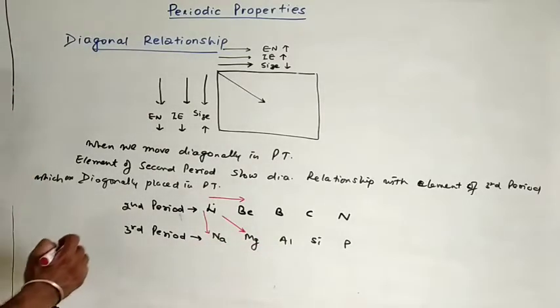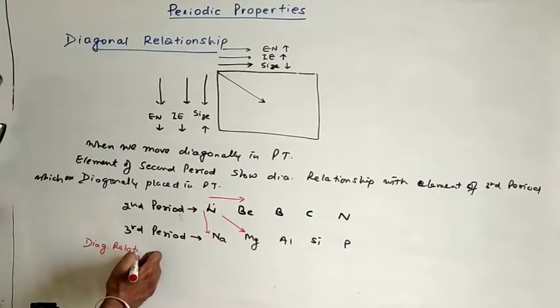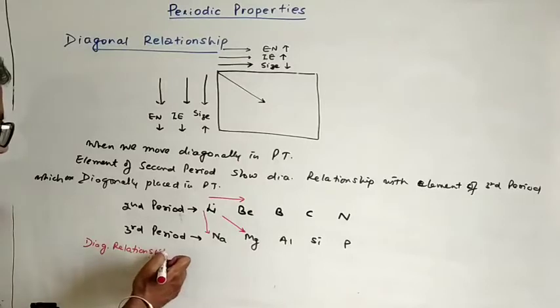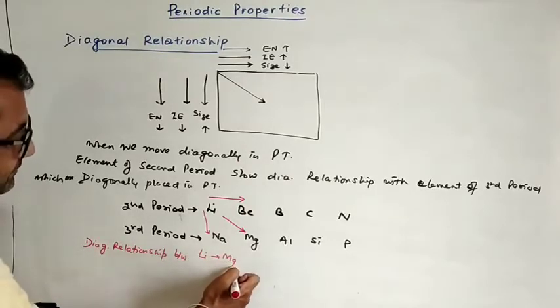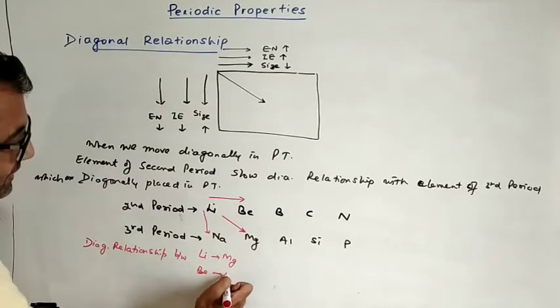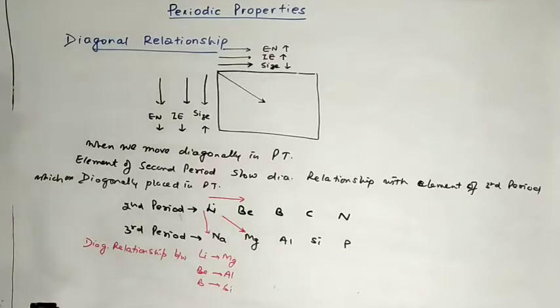So there is a diagonal relationship between lithium and magnesium, beryllium and aluminium, boron and silicon, like this.